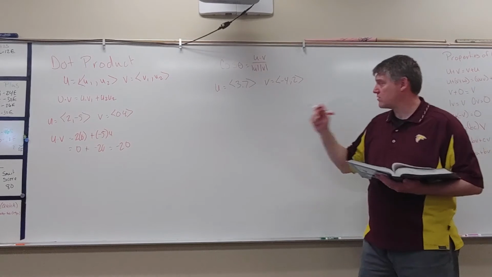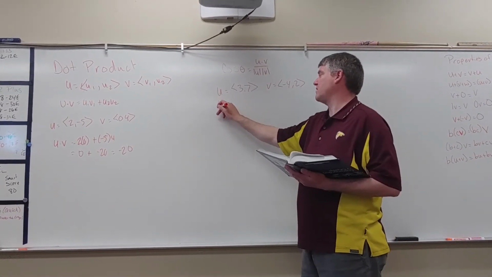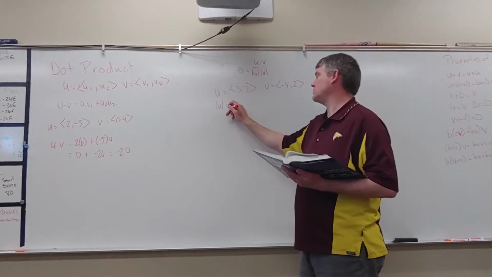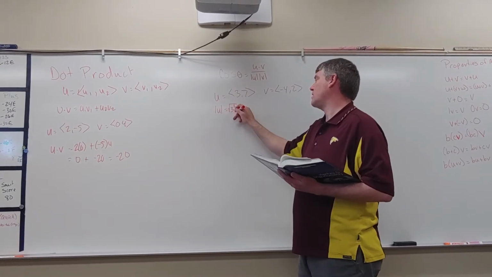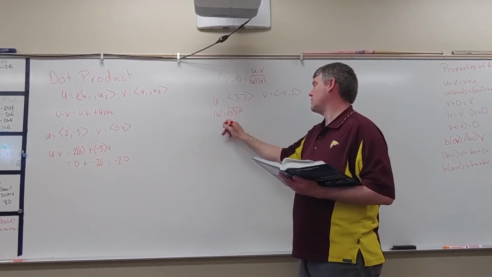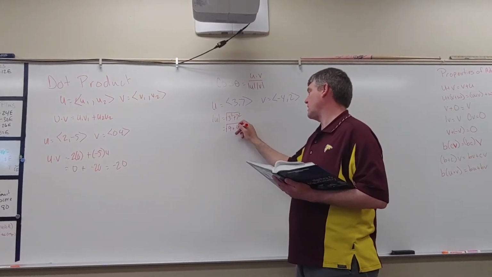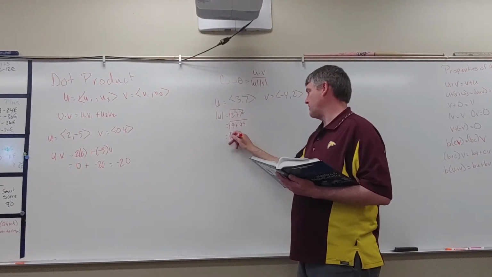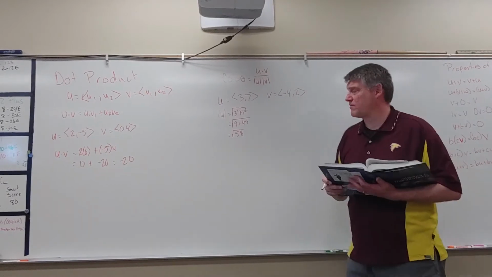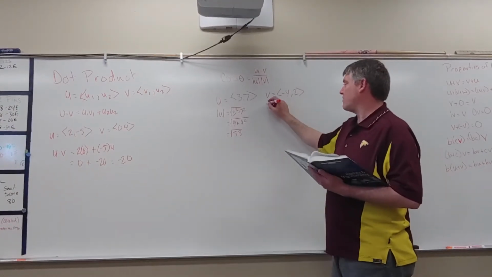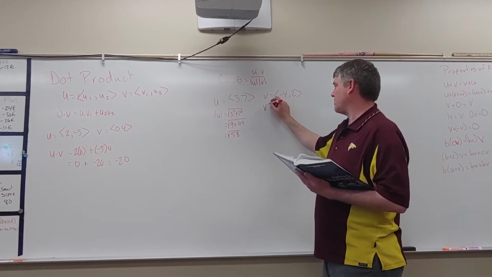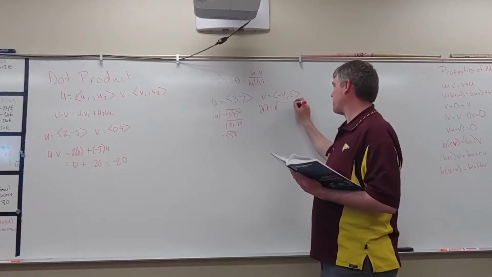So the first thing I'm going to do is find the magnitude of u. So that becomes 3 squared plus 7 squared, which is 9 plus 49, which is the square root of 58. I'm just going to leave it as the square root of 58. I don't have to find the decimal equivalent. I'm going to find the magnitude of v here.